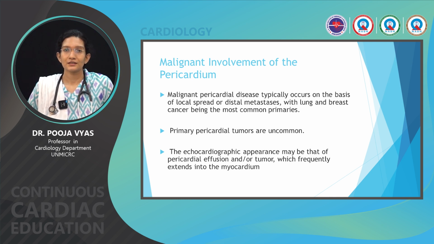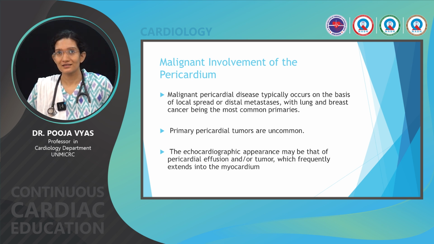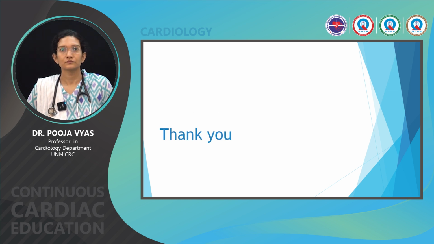Usually primary pericardial tumors are very uncommon, and malignant involvement of the pericardium is mostly in the form of pericardial effusion due to local or distal metastasis, and usually it happens with lung cancer and breast carcinoma. Thank you.